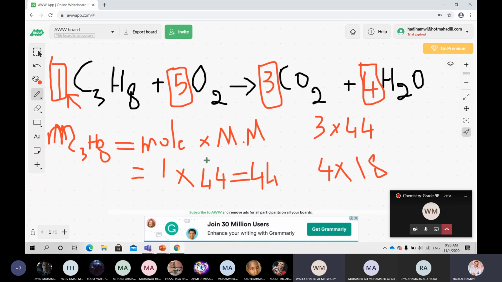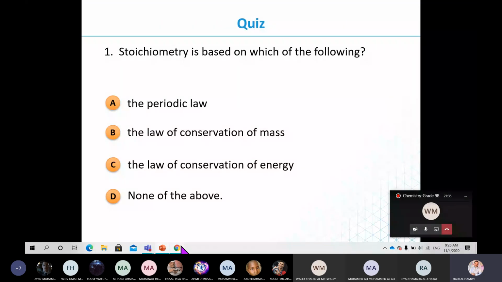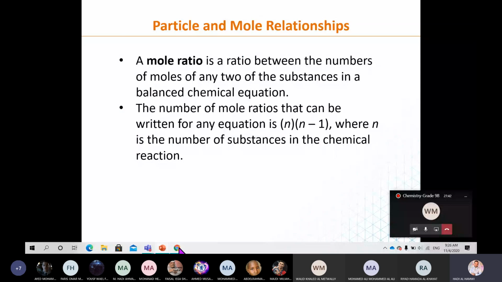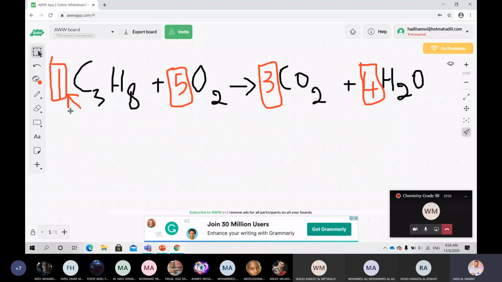Okay, great. The last idea we'll talk about today is the mole ratio. How many mole ratios can we write? Look here, please. If I want to count the number of substances that I have, I will take Abdurrahman. How many substances do we have in this chemical reaction? Count them.